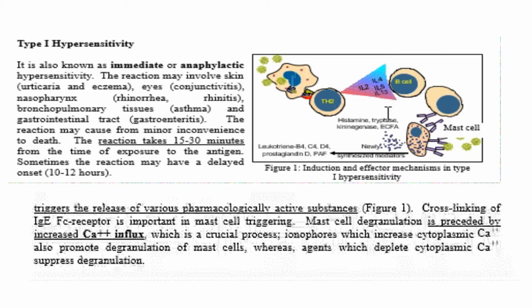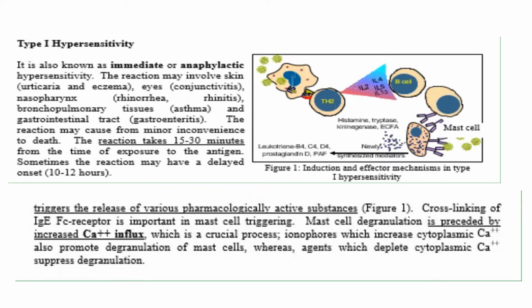IgE has a very high affinity for its receptor on mast cells and basophils, and a subsequent exposure to the same allergen may cause cross-linking of these cells by the immunoglobulin E and result in the development of the reaction. So cross-linking of immunoglobulin E on the surface of mast cells results in degranulation of mast cells.